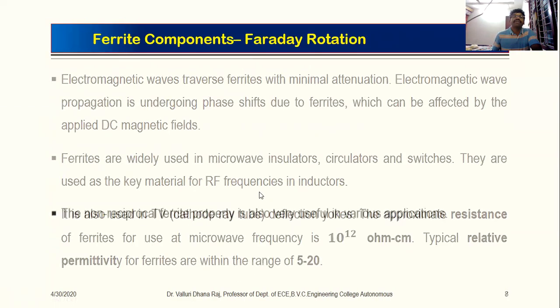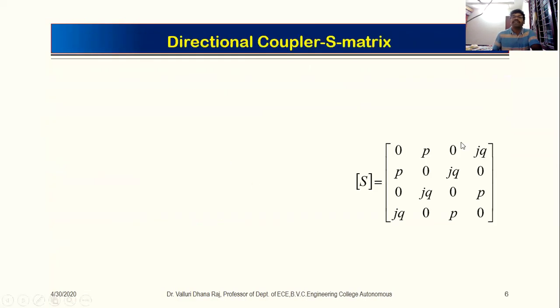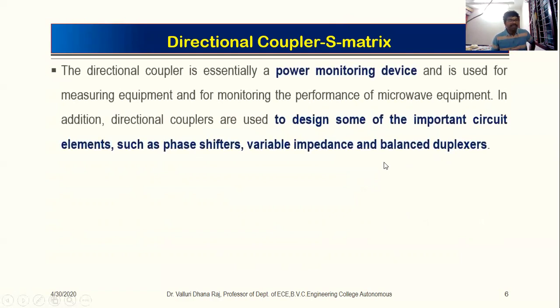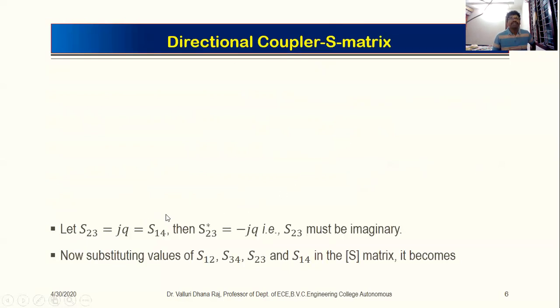The scattering matrix of a two-hole directional coupler will become like this. What is JQ? Sorry, it is an imaginary value assumed for this S23.